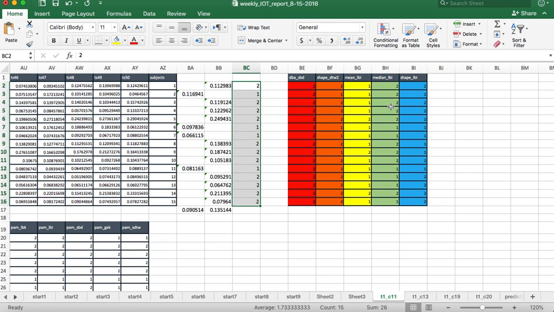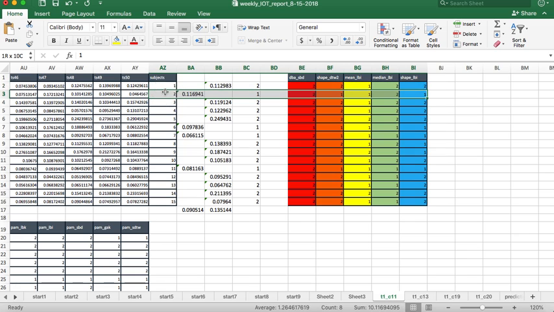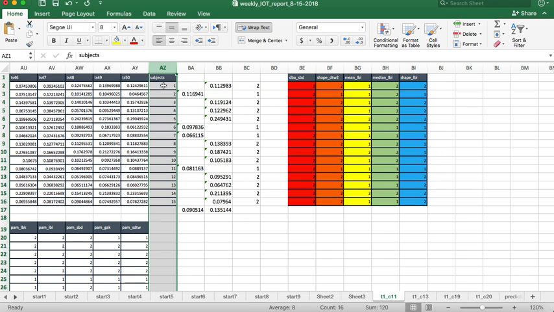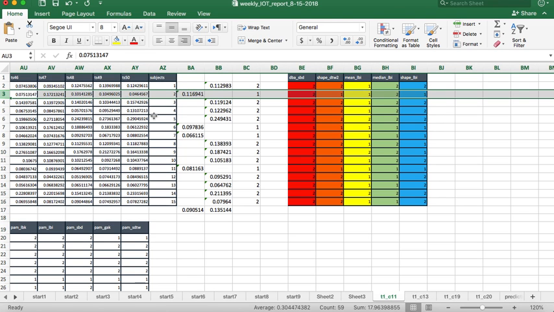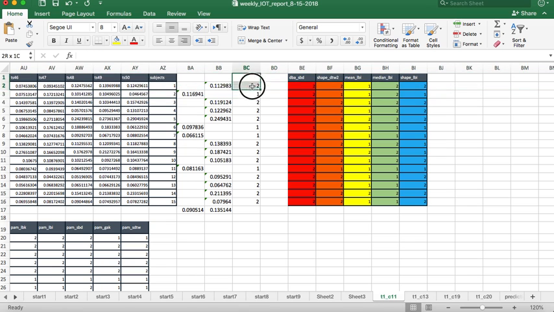Like here, 4 out of 5 said label is 2, 1 said 1, so I put label 2. Here in this subject, which you see is subject 2, look at the AZ column. There are the subject's labels here. So for subject 2, 3 out of 5 said label 1, so I label it as 1. And I did the same for all other subjects.